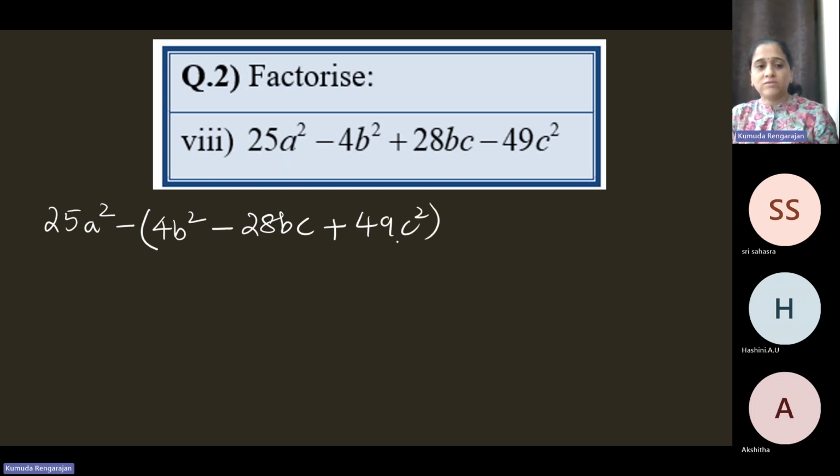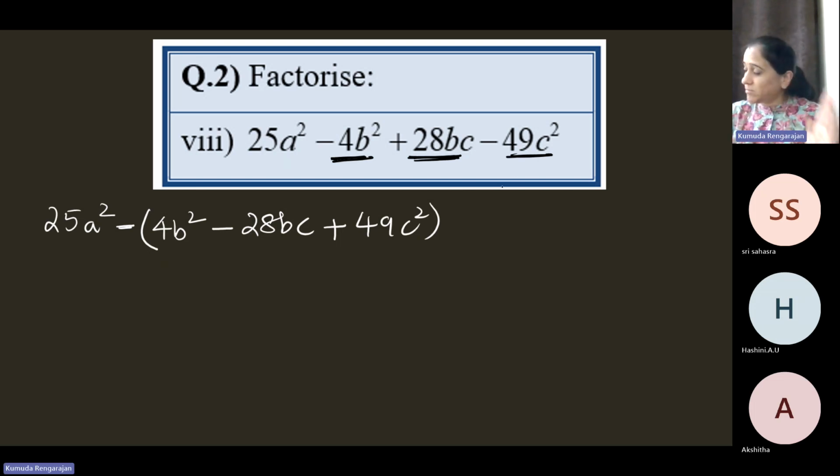So what do we observe? When there's a minus sign outside the bracket, you should write every term with its opposite sign. So minus 4b squared, in the bracket it is plus 4b squared. Plus 28bc, in the bracket it is minus 28bc. Minus 49c squared, in the bracket it is plus 49c squared.